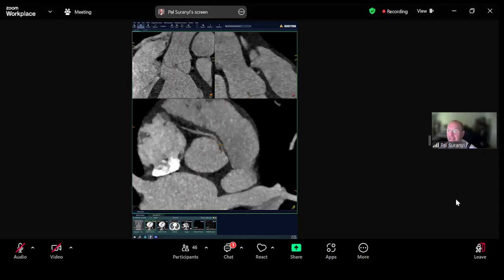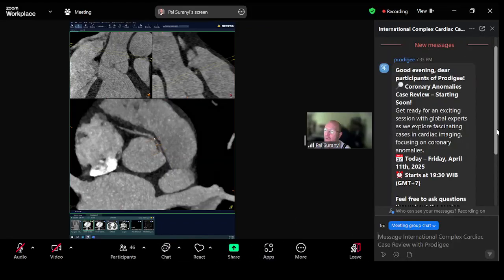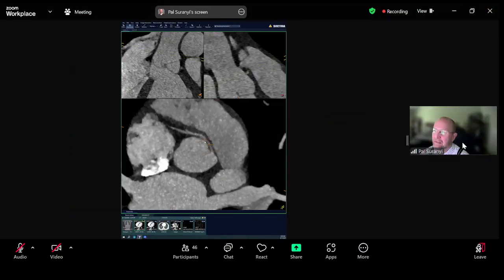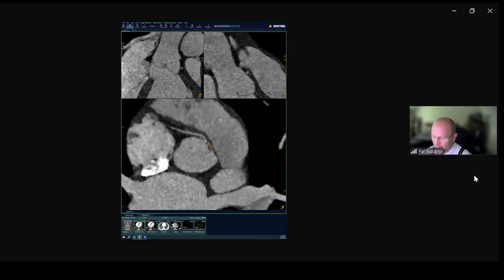But one of the things that they can do in some of these cases is remove this area, which they call the roof, and it's called unroofing. If they remove this area, then they can create a bigger coronary ostium right here without the need to take off the coronary and reimplant it, or without the need of bypass grafting.